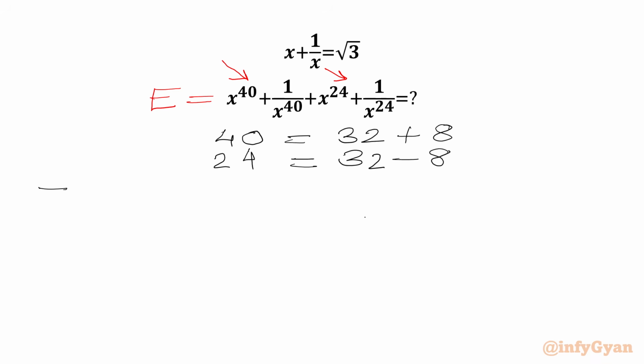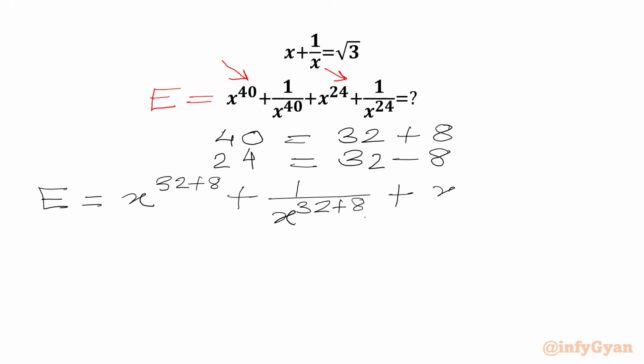So our required expression will become x power 32 plus 8 plus 1 over x power 32 plus 8 plus x power 32 minus 8 plus 1 over x power 32 minus 8.